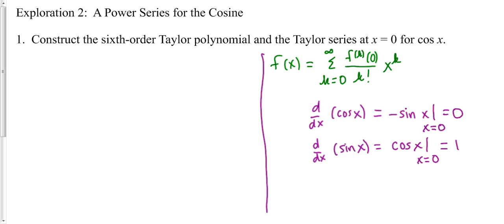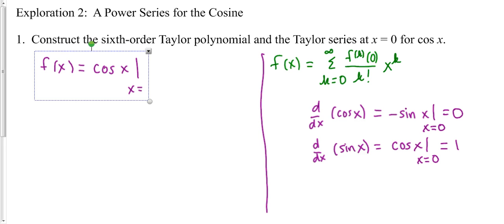So we have that f of x is equal to cosine x, and we are going to evaluate that at x equals 0, and that's going to give us 1. And then we're going to have f prime of x, and what's that going to be equal to?